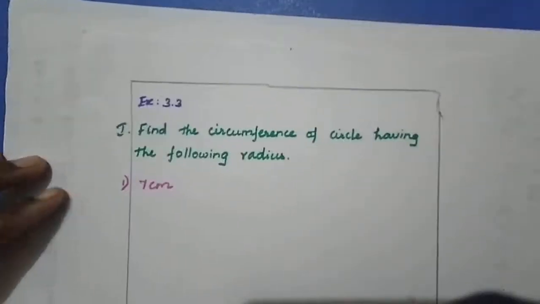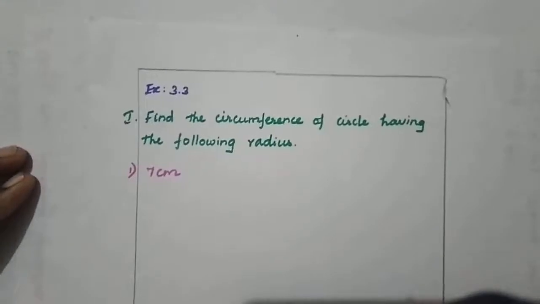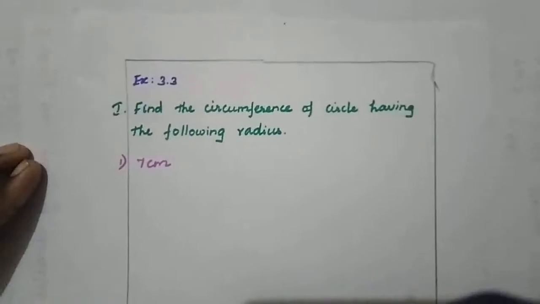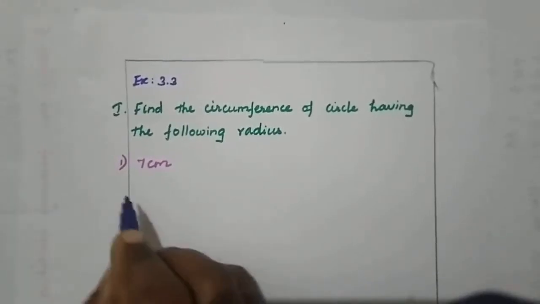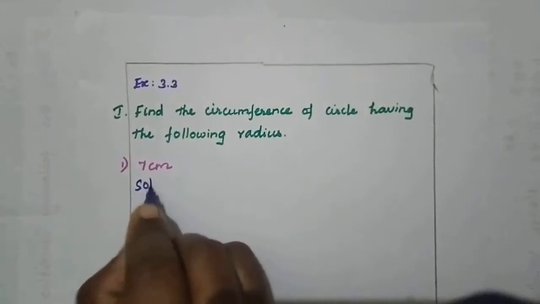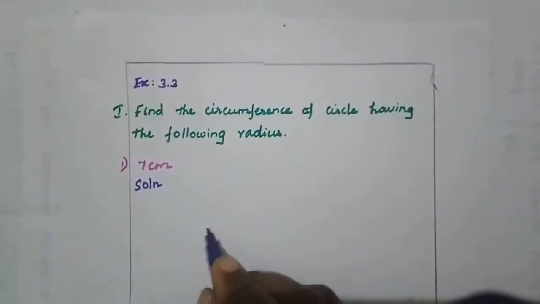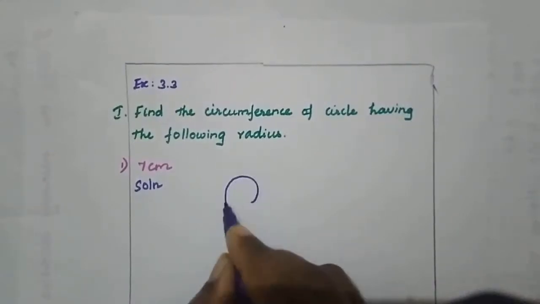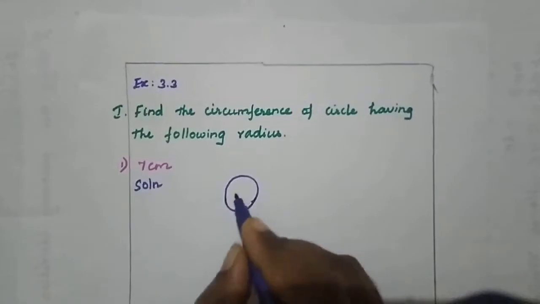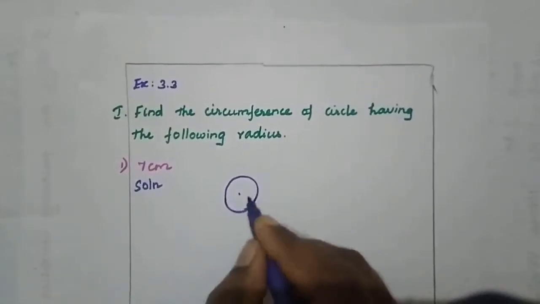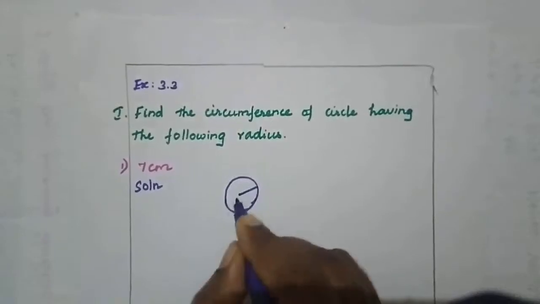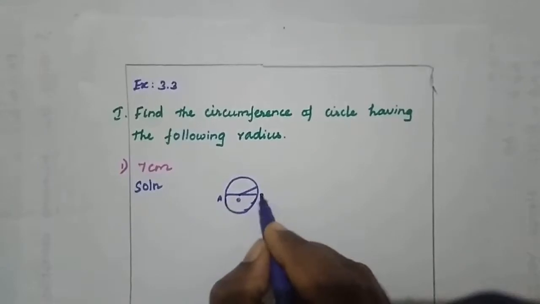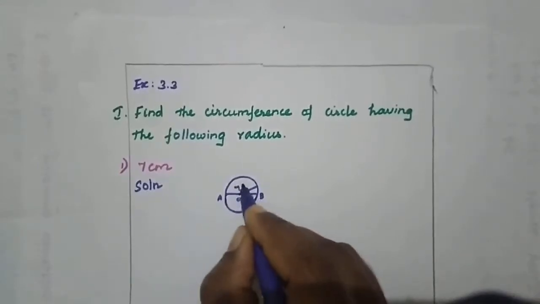Now exercise 3.3. Find the circumference of circle having the following radius. So here they given the radius as 7 centimeter. So let us solve this one. So this is a circle of radius they have given us 7 centimeter.